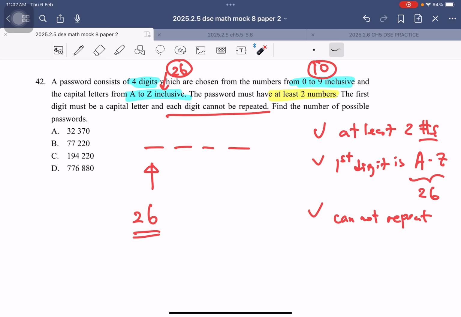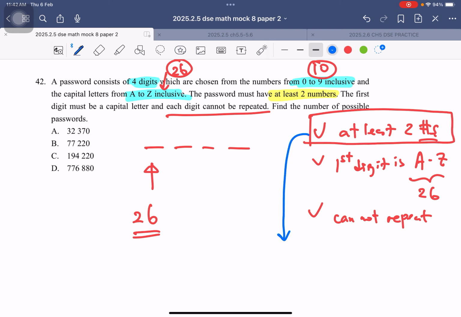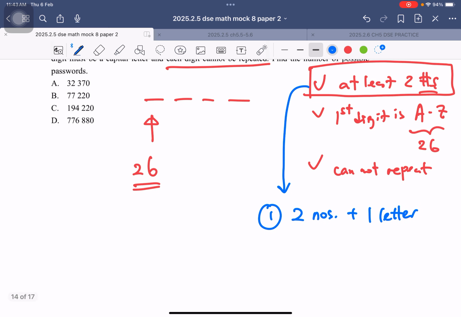But we have another constraint, which is at least 2 numbers. From this at least 2 numbers, this is the hardest part. So we have 2 different cases. The first case is 2 numbers plus 1 letter.